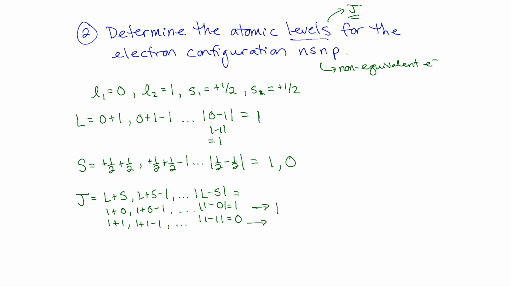So we're going to get options of 2, 1, and 0 for this particular combo of L and S. So again, just be careful here for the J. You have two different combos that you have to account for. So we've got the 1 and 1 combination of L and S and the 1 and 0 combination of L and S.